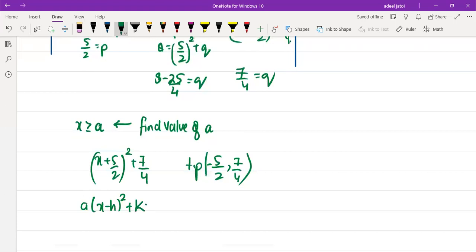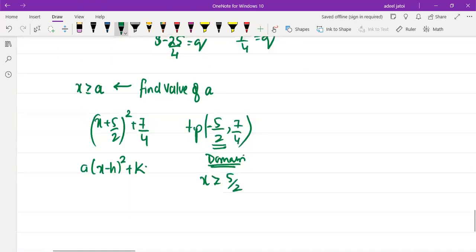Considering that, this should be negative 5 upon 2, because negative and negative will become positive. So this becomes my turning point, and it is also the domain from where the inverse starts. So x is greater than or equal to negative 5 upon 2, that means x is greater than or equal to a. This particular value is for a, from where the inverse starts.